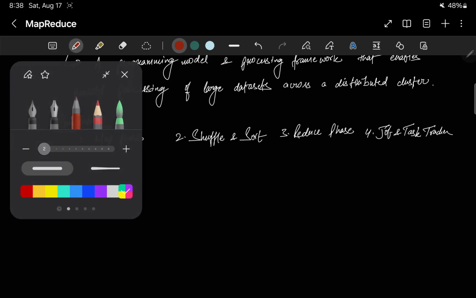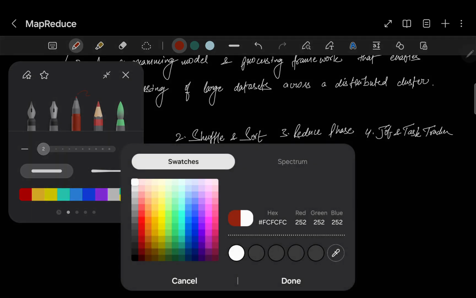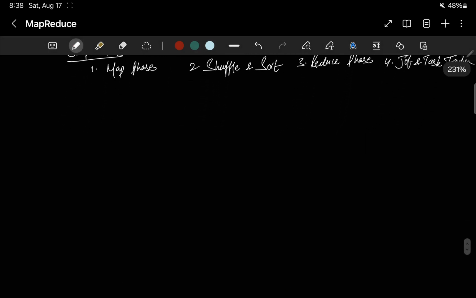Before moving forward, let's change the color and now talk about the architecture. So the first step is data input. Next is map function execution.